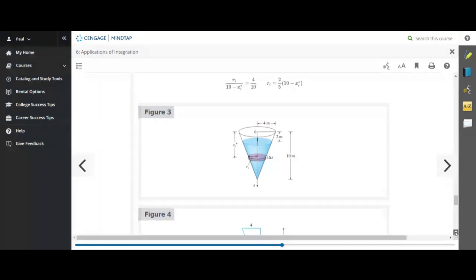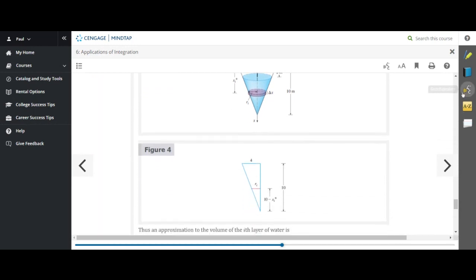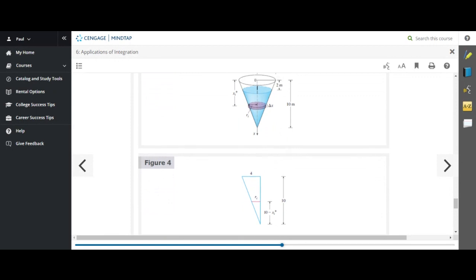How many recall similar triangles? Okay, Maria recalls that. Jacob recalls that.